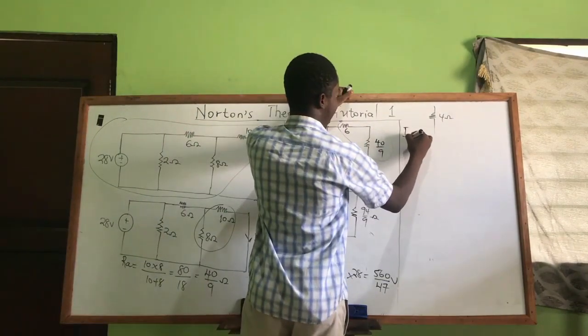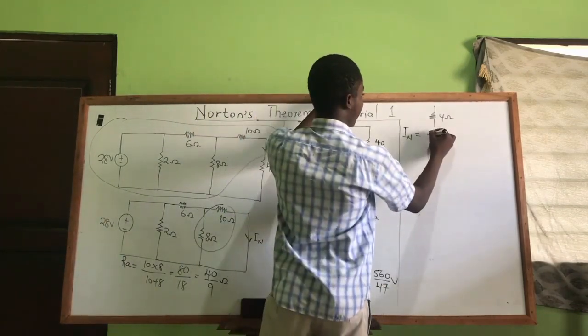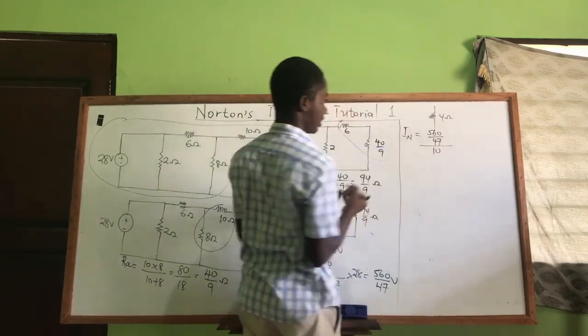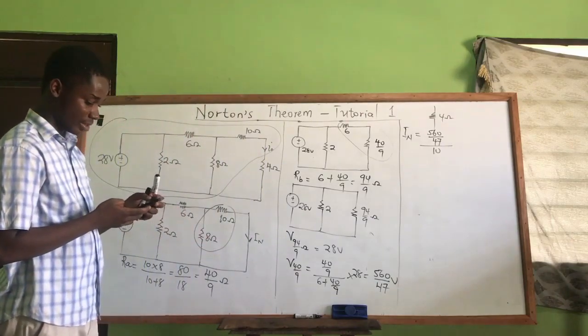So the current for the 10, IN, is the voltage over the resistor, and the voltage is 560/47 divided by the resistor 10. So we have this divided by what? 10.